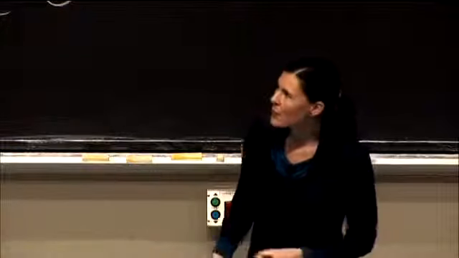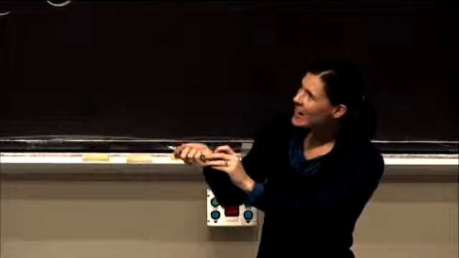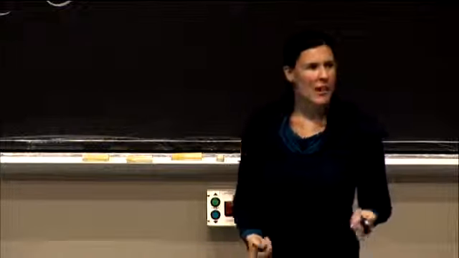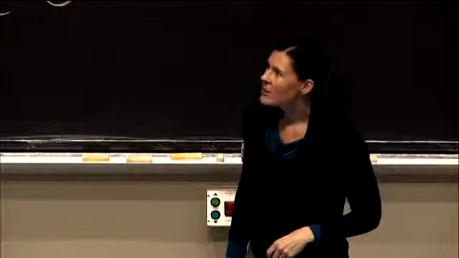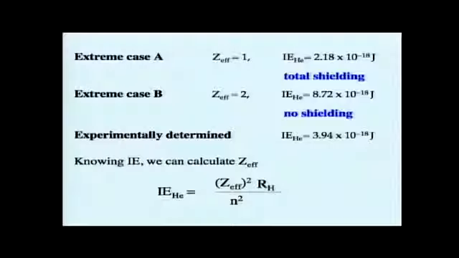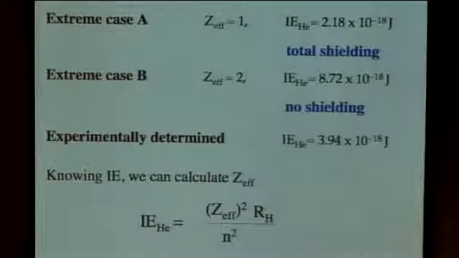And if we experimentally know what the ionization energy is, we have a way to find out what the Z effective will be equal to. We can use this equation here. This is just the equation for the ionization energy, which is the same thing as saying the negative of the binding energy. That's equal to Z effective squared R_H over n squared.